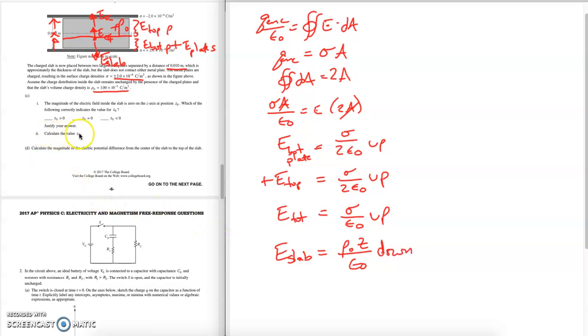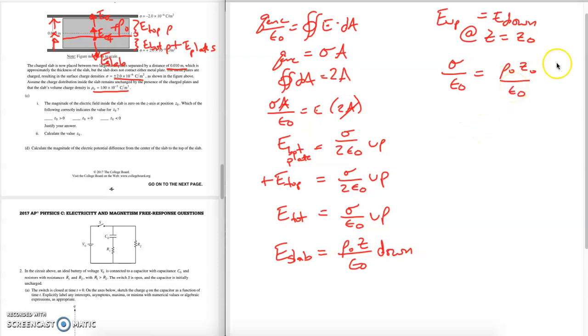And calculate the value of z naught. What we want is for these two guys to be equal and opposite. So what we want is E up equals E down at z equals z naught. So we're going to have sigma over epsilon naught equals rho z naught over epsilon naught. And what we're going to do here is just solve for the numerical value of z naught. The two epsilon naughts cancel out, and we have 2 microcoulombs per meter squared equals, and what was rho?